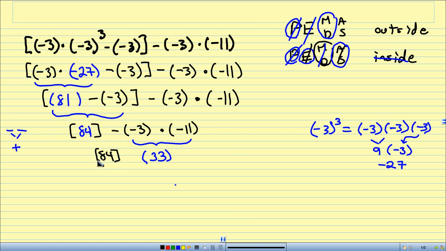Makes everything easier. I can erase quick. So I've got 84 minus 33. And now what I'm just going to do is simplify that. 84 minus 33. Well, take that subtraction. My answer is 51. And that's all I've got for you guys.